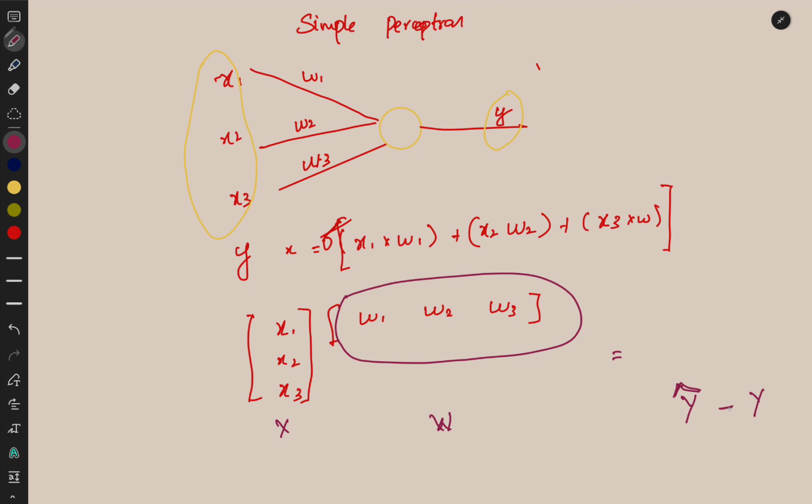The error between these should be minimum. This is what machine learning actually is: an input is there, you have a label, and we need to find the weights.